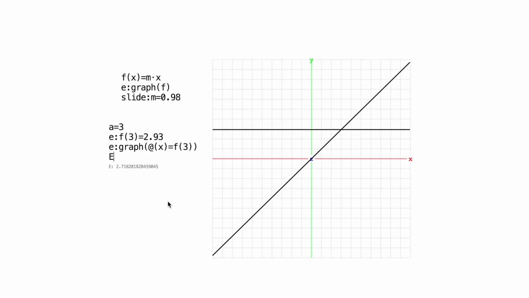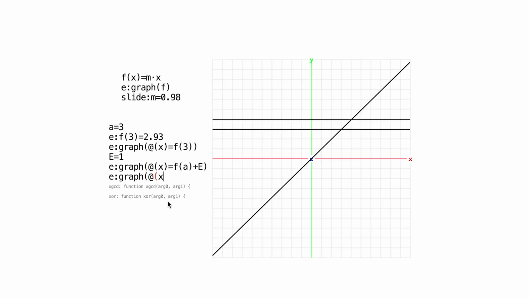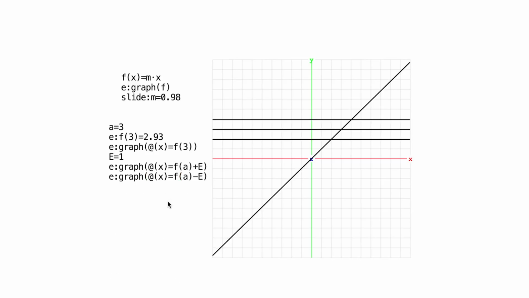And then we're going to give a restriction. Somebody challenges us and says, make this output be within 1 of the limit, right? And we'll graph our restriction here. So we're going to say it's f of a plus epsilon and f of a minus epsilon.